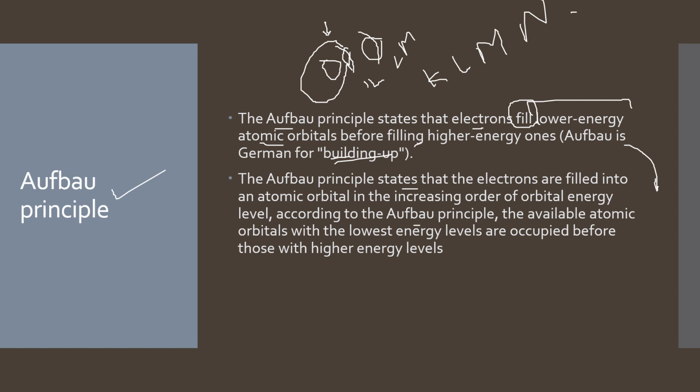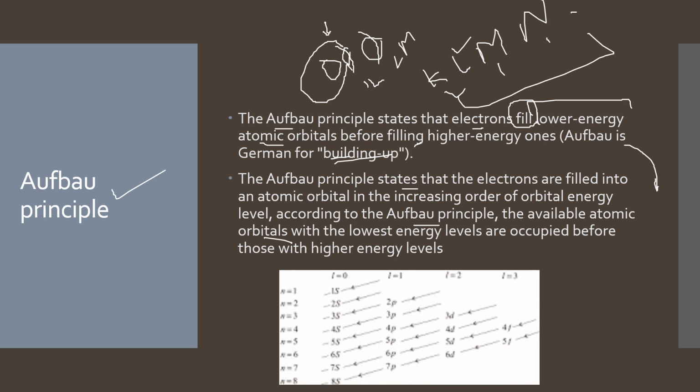According to the Aufbau principle, the available atomic orbitals with the lowest energy are occupied before the higher energy ones. Suppose there is valency in the K shell, it will be filled first as compared to the valency in the N shell. If there is valency in the L shell, it will be filled first as compared to the valency in the M shell. That was the series, and that was the point of the Aufbau principle.